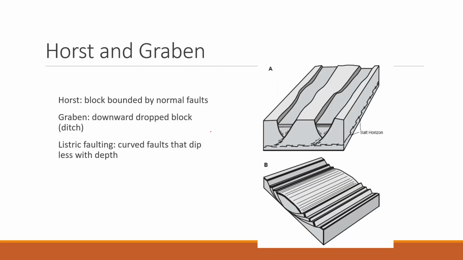We can have a special type of structure called Horst and Graben. Horst is a block that has not dropped, that's bounded by normal faults, and the Graben is the part that has dropped down.